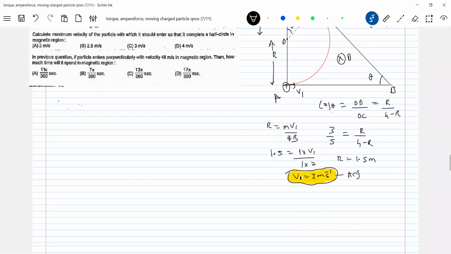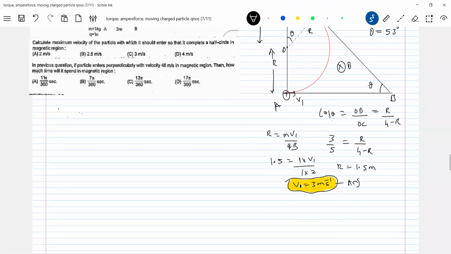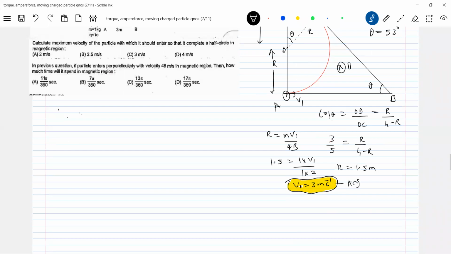Now come for this. So here it will be, so the center of the arc will be somewhere here.